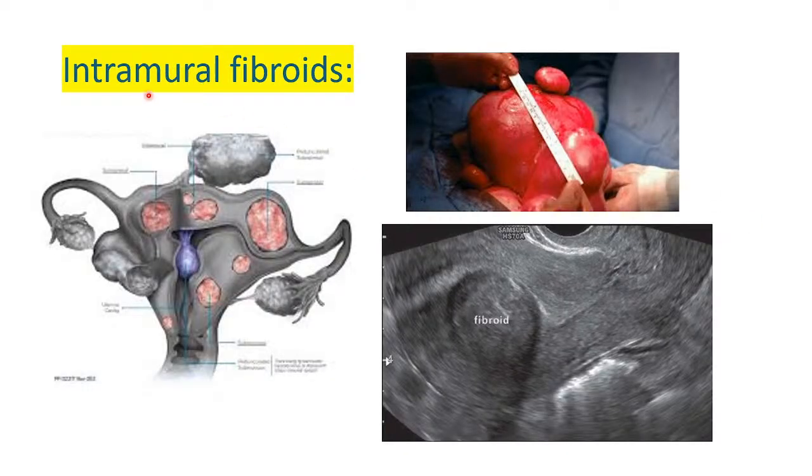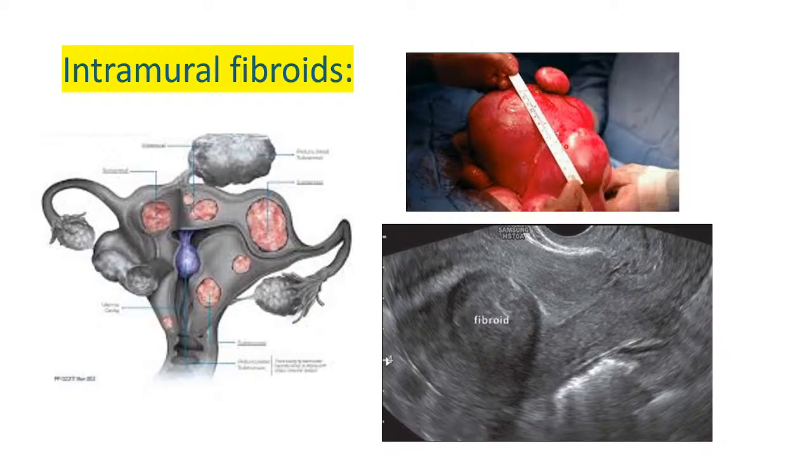These are types of intramural fibroids, which are fibroids located within the myometrium. You can see here, these are the fibroids. This is the myometrium of the uterus, and these are what we call intramural fibroids. You can see here in the cavity of the endometrium this bulge, this protrusion.